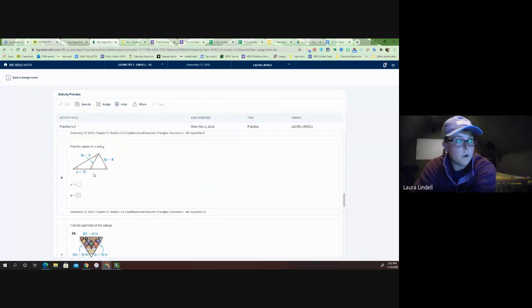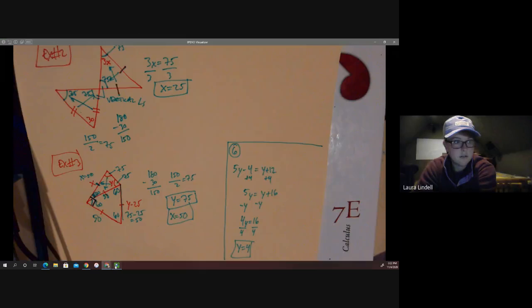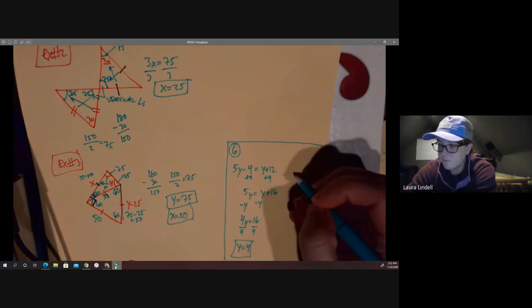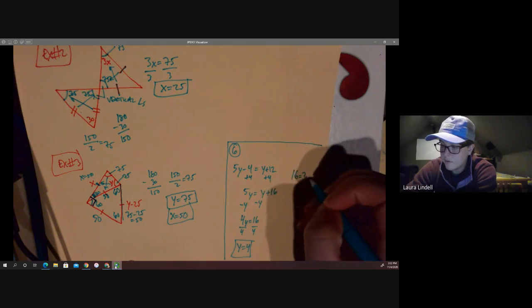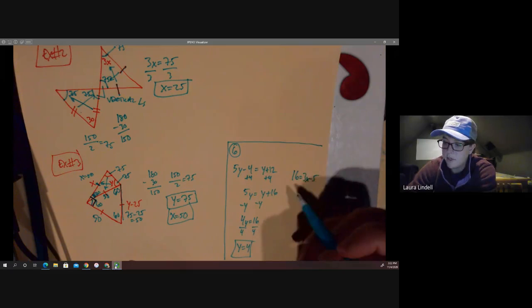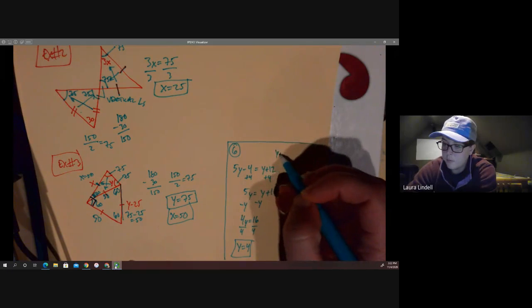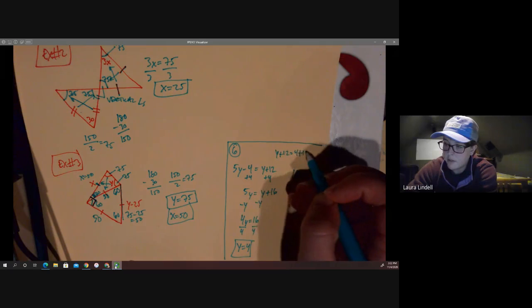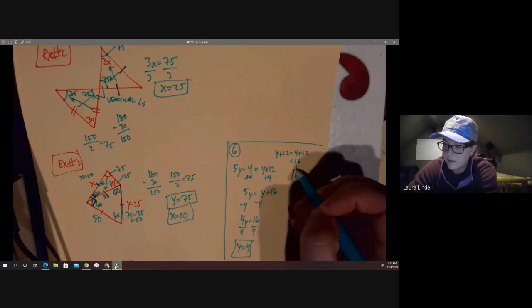Then once I know what y is, I can plug it in to find the side length. So 4 plus 12 is 16. So this whole side here is 16. Then I can set 16 equal to 3x minus 5, because y plus 12 is now 4 plus 12, which is 16.